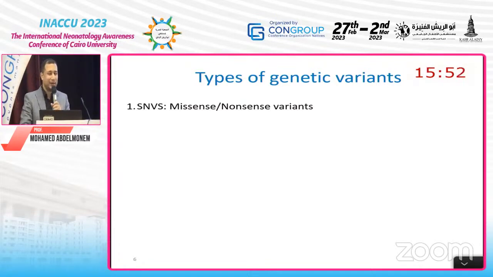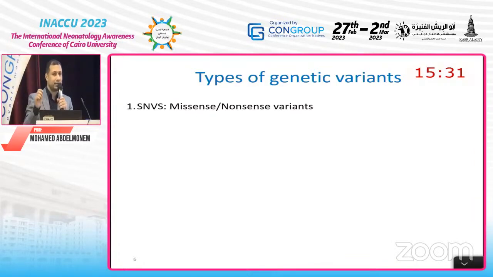Now we can talk about types of genetic variants that are normally in our genome. We have single nucleotide variants, which can be missense: just a single base change leading to or not leading to an amino acid change in the coding sequence. And sometimes it can lead to a nonsense variant.